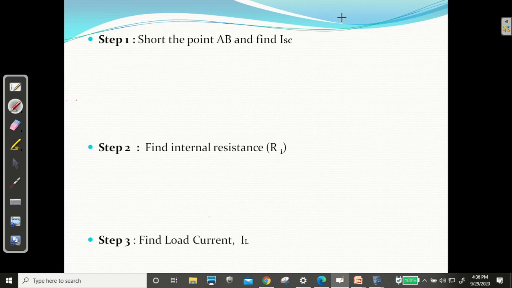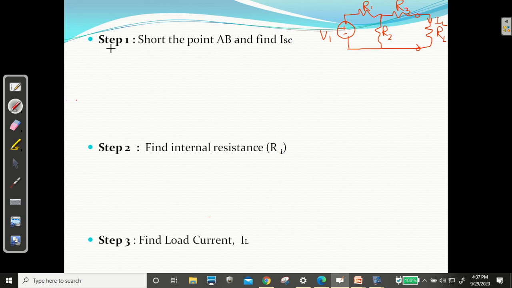This diagram: plus minus V1, this is Ri, RL. This is R1, R2. And I have given, find the current through this resistance. This is IL by Norton's theorem.